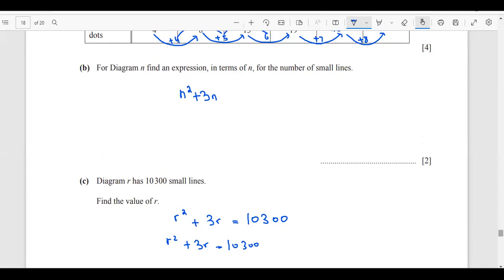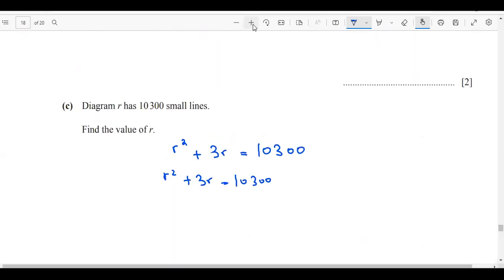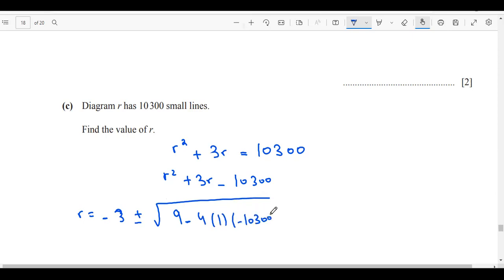So R squared plus 3R minus 10300. For finding the value of R, I can use multiple ways, but the most suitable one would be the quadratic formula. So R is equal to minus b plus or minus the root of b squared minus 4ac, divided by 2a.